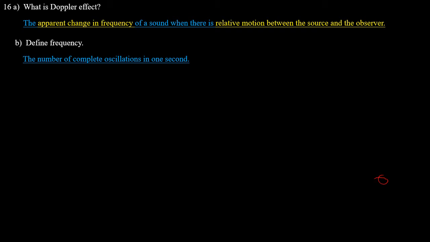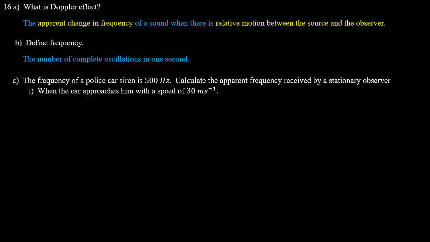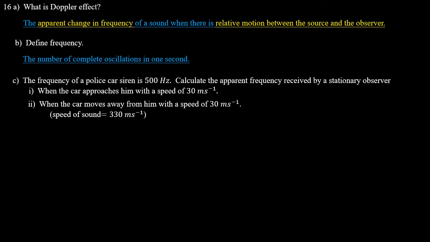Okay. So the next question is about the calculation part. We have two questions for the Doppler effect, where you have to calculate the apparent frequency when the source is moving. The frequency of a police car siren is 500 Hertz. For question 1 first, we have a source and an observer where the initial frequency of the source is equal to 500 Hertz.